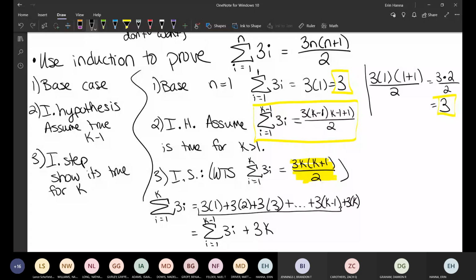The reason you do that is because this thing you've just broken it into is exactly the front piece of the inductive hypothesis. I've found the inductive hypothesis in the thing I'm trying to prove. Okay? So you take the left side, try to find the inductive hypothesis there somewhere.